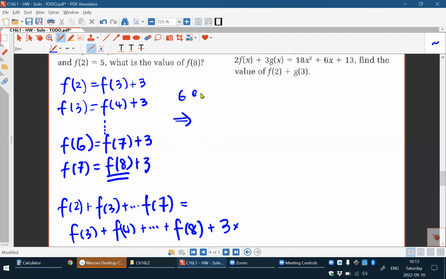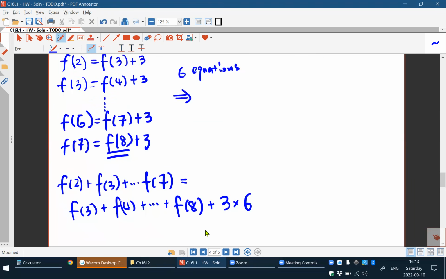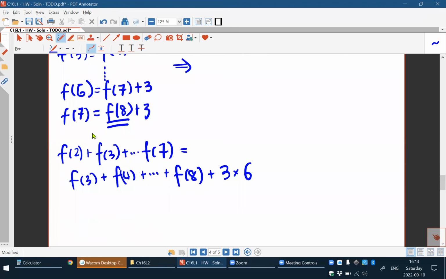Okay, 6 equations. Let me put a note here. You have 6 equations, so that's 6 threes. Here we can cancel f(3), because you have that on both sides, and cancel f(4) until you cancel f(7).